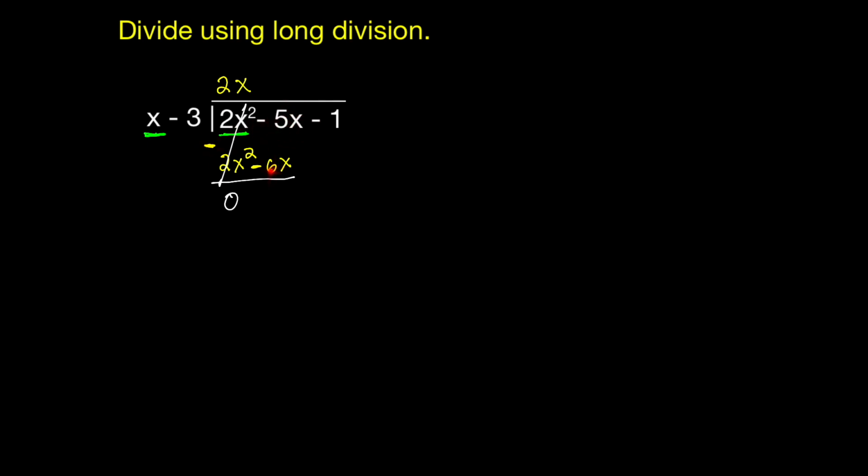Now we're going to do the following operation. Negative 5x minus 6x. Now here we have to be a little bit careful, so I'm going to write it down here on the side. I'm going to have negative 5x, and we're going to subtract negative 6x. So negative 5x, and then minus negative 6x, that's going to turn into a plus 6x.